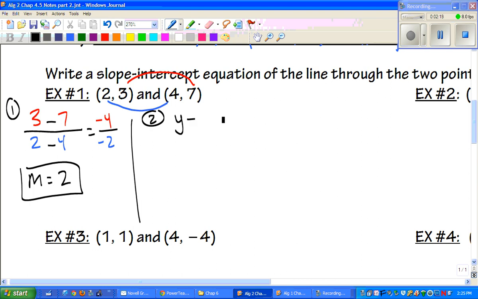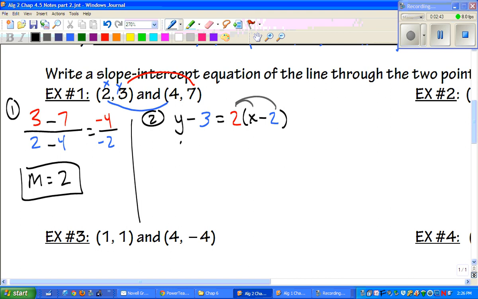Step 2 is to plug it in to here. We know what the slope is. So now you can pick any one. It doesn't matter which one you use. Okay? I'm just going to use the first one. So there's my x and there's my y. And then the rest of this is just like yesterday. Okay?